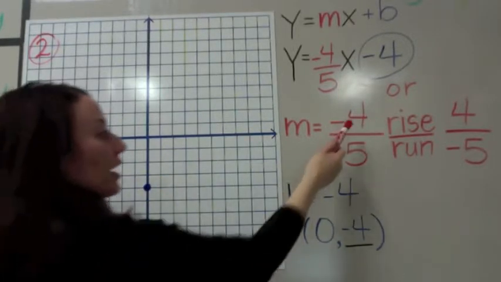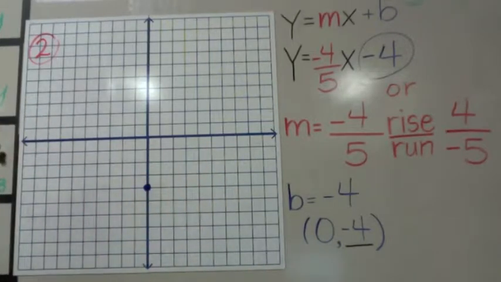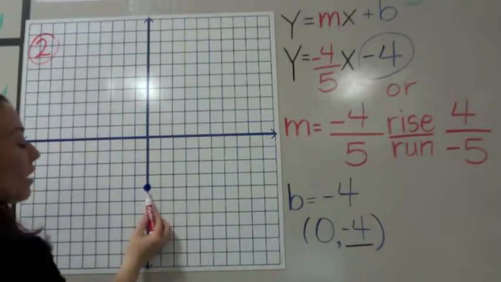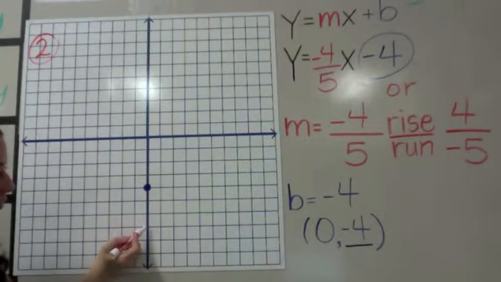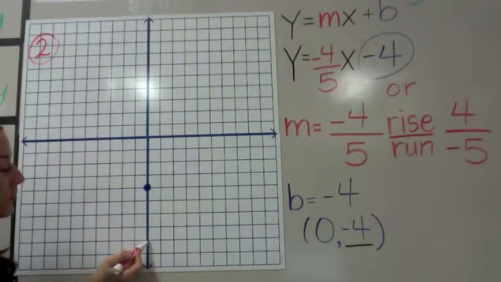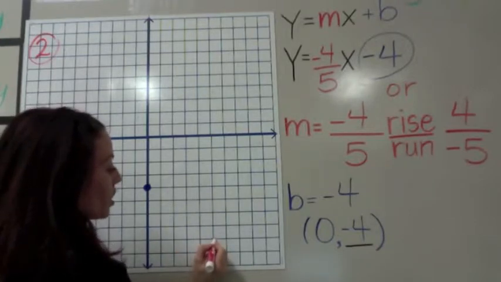Let's now use rise over run to plot the next point on this graph. So let's start by going down 4 and over 5. Down 4, so we're counting units. Down 1, 2, 3, 4, and then to the right, over 1, 2, 3, 4, 5.